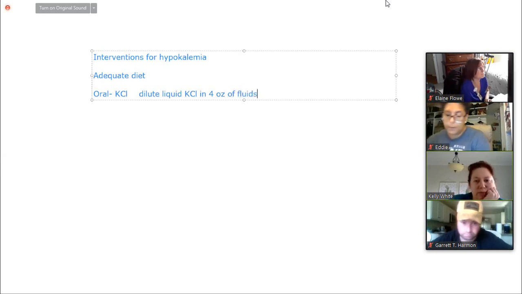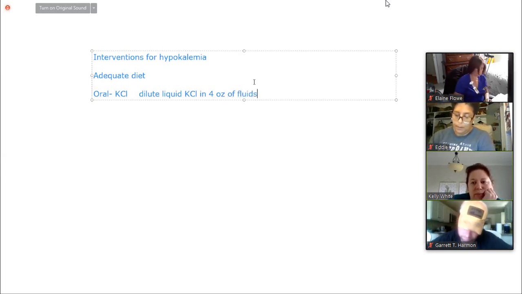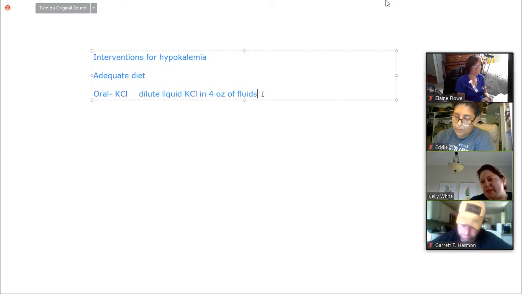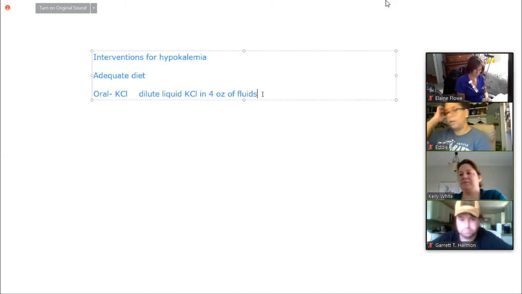It's very potent, very strong, so they recommend just putting that in some juice. I used to do that for somebody. I used to have the little cups in the hospital of grape juice. That was her favorite thing, was to dump her liquid potassium in grape juice.